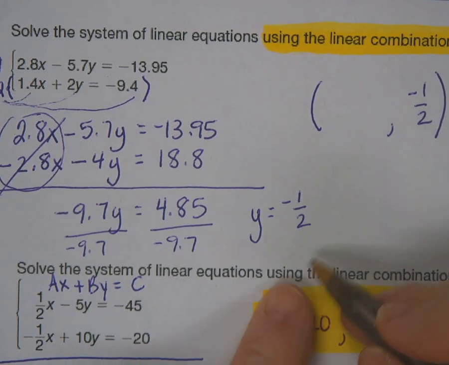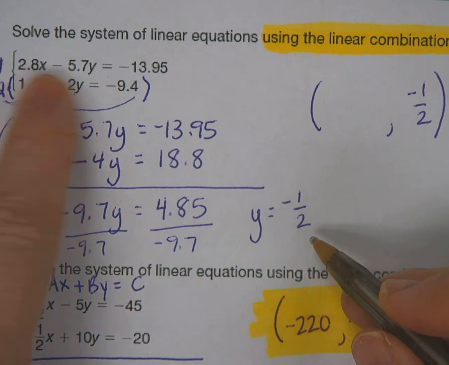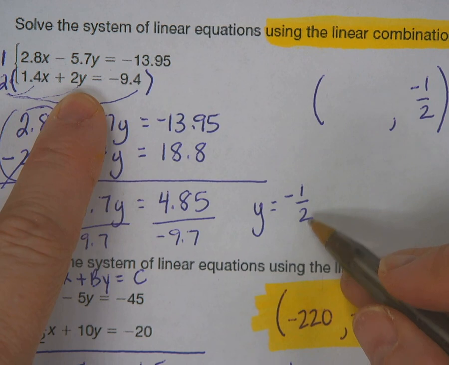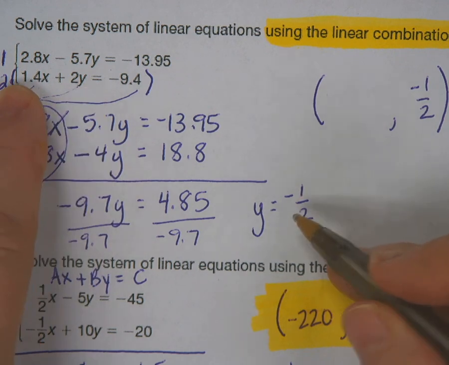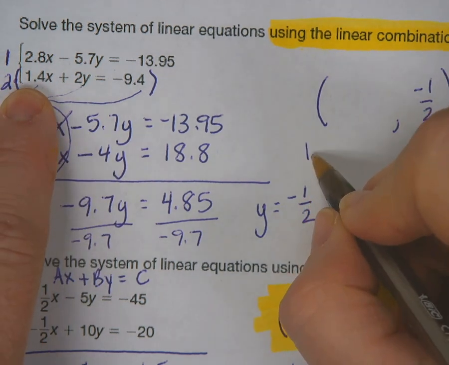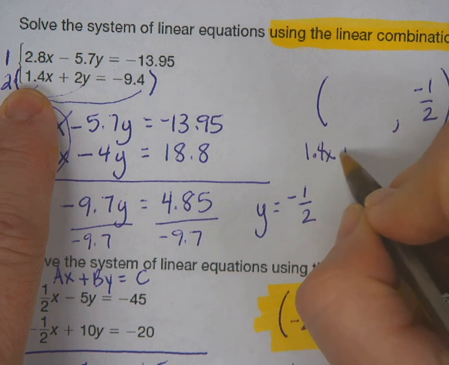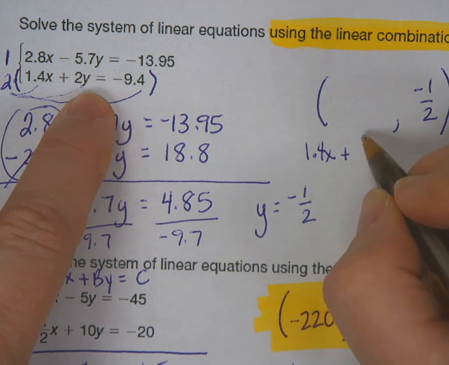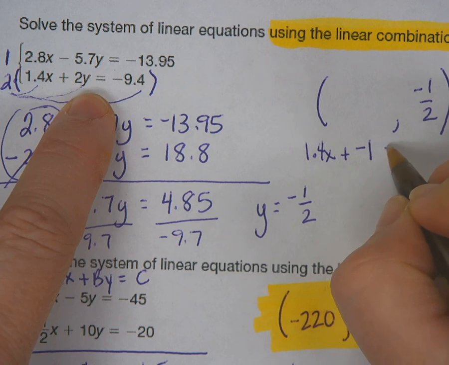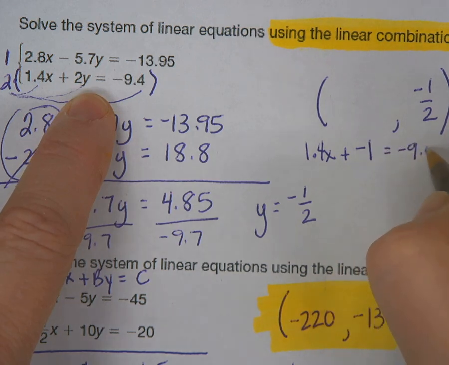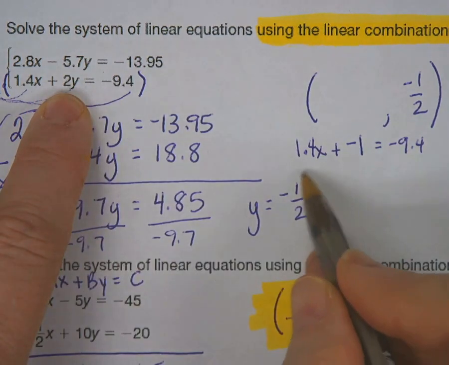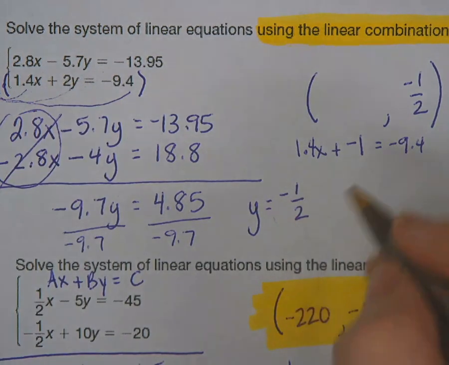So now I'm going to take y equals negative 1/2, and I'm going to go back up here into whatever equation I want, and plug in the y value of negative 1/2. So I'm going to use this bottom equation. It says 1.4x plus 2 times negative 1/2. Well, if I double negative 1/2, I'm going to end up with negative 1. So again, what I did is I did 2 times y, but instead of y, I plugged in negative 1/2.